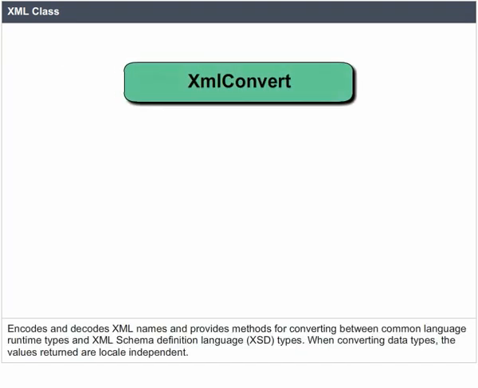XmlConvert encodes and decodes XML names and provides methods for converting between common language runtime types and XML Schema definition language XSD types. When converting data types, the values returned are locale independent.